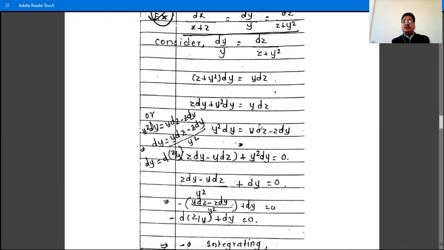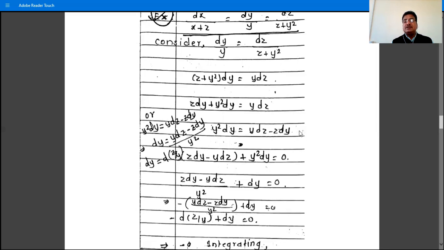So in order to find the integration of y dz minus z dy, if there is the factor y dz plus z dy, then it is the derivative of y into z, but there is a minus sign, y dz minus z dy. So if there is a minus sign, then adjust, divide by y square or divide by z square.